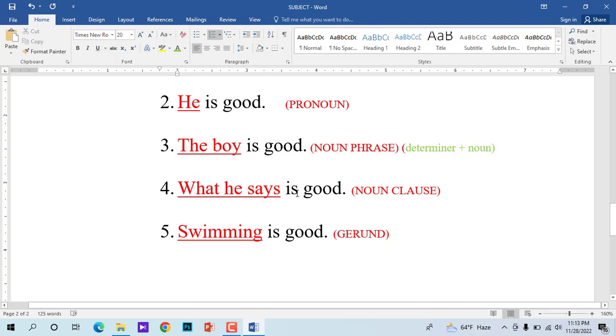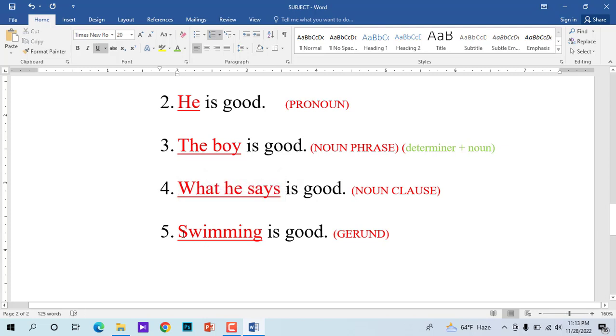In this sentence there is the verb is, the main verb of this sentence, and the subject is what he says. You may probably know, if you're not a beginner but someone who reads a lot and has studied a little grammar.